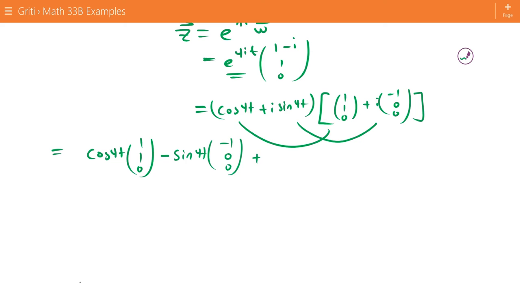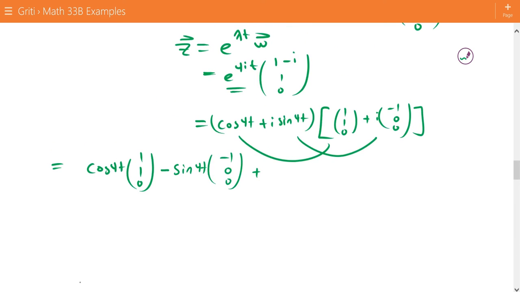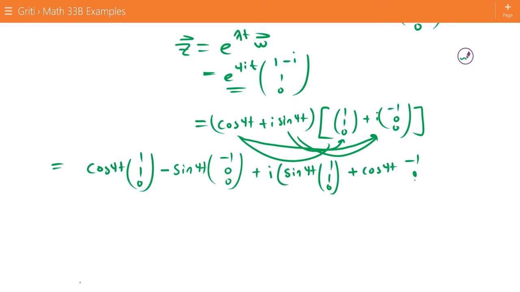And then we can multiply this i sine 4t by this vector, so we get i sine 4t times (1, 1, 0). And we can multiply this cosine 4t by this i times (negative 1, 0, 0). This will also have an i, so we can just factor the i out. So we get cosine 4t times (negative 1, 0, 0).